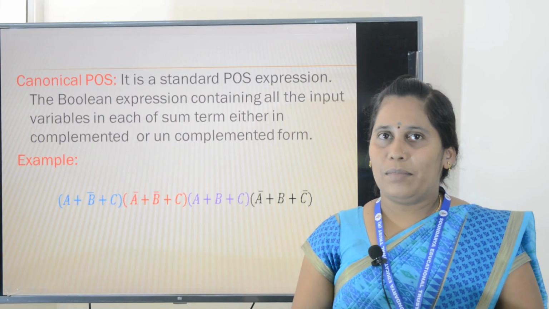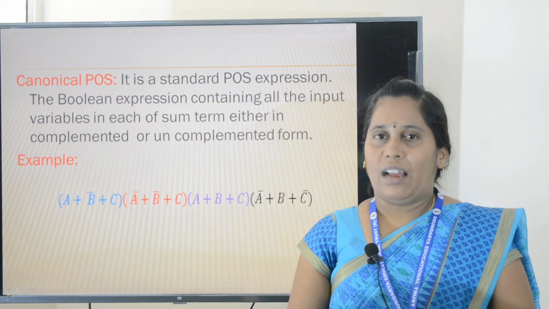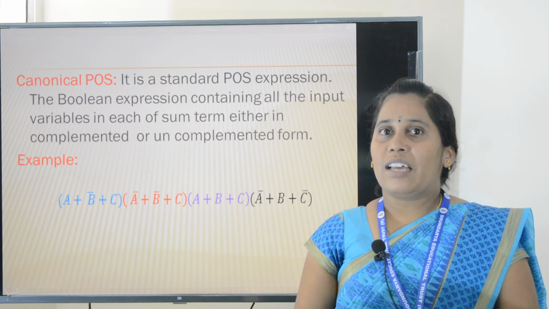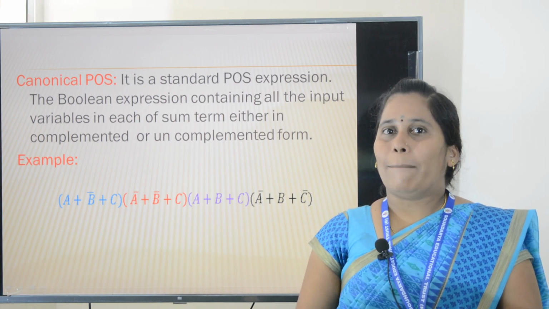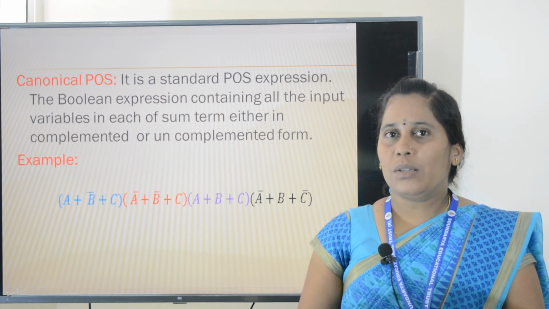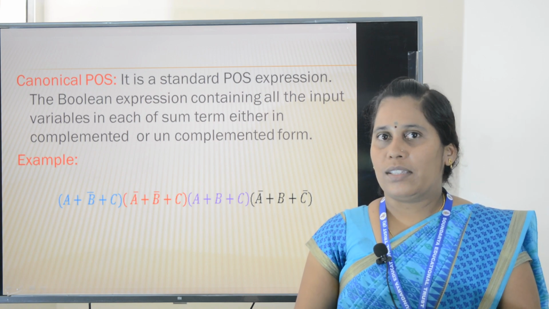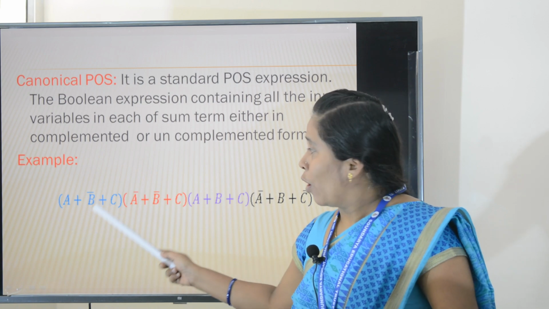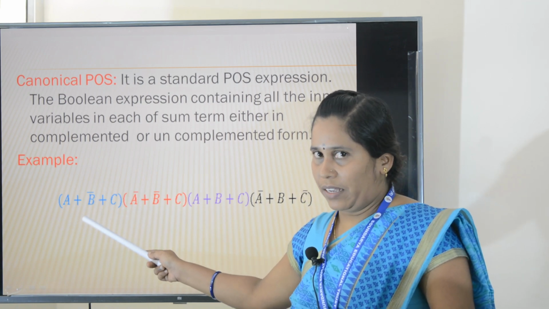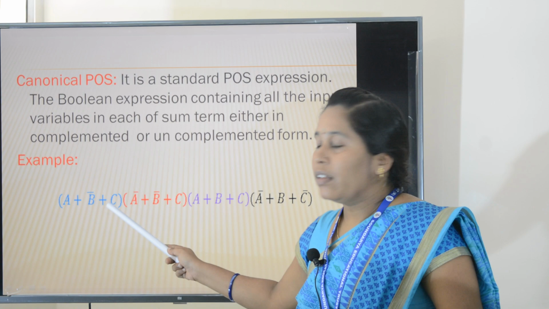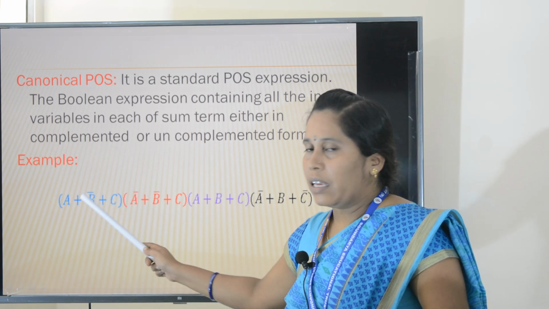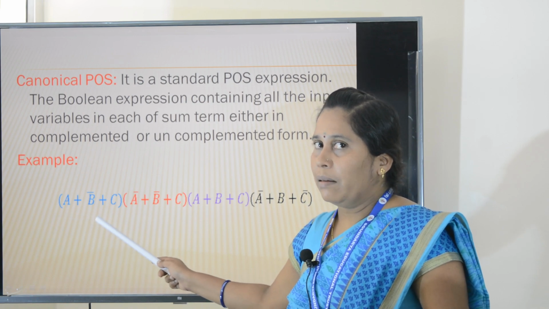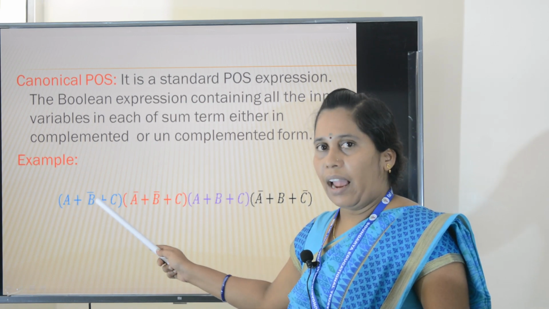The next term is canonical POS. It is a standard product of sum term. So here several sum terms are multiplied together. So that is called canonical POS. In this, all the variables must be present in each sum term. The first term, a plus b bar plus c. In this all the variables are present, a, b and c.